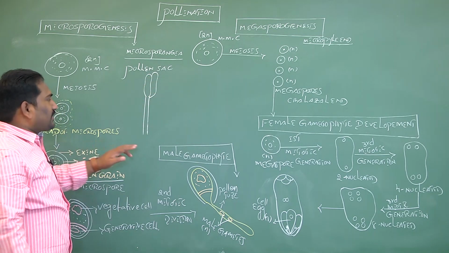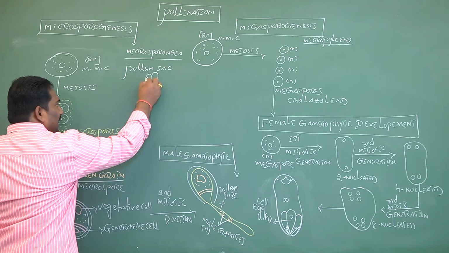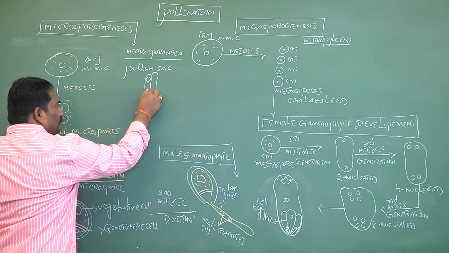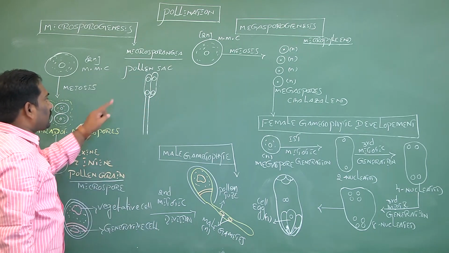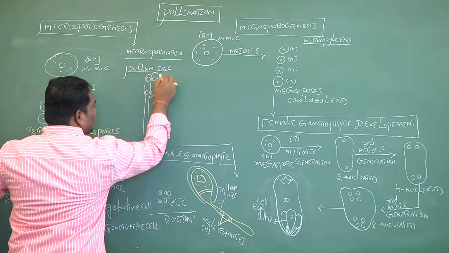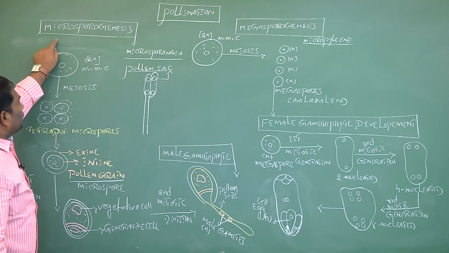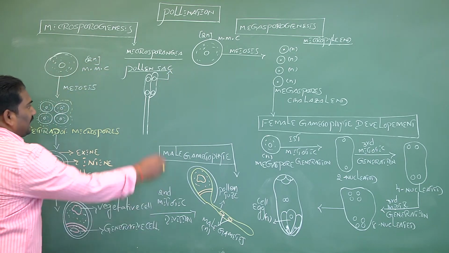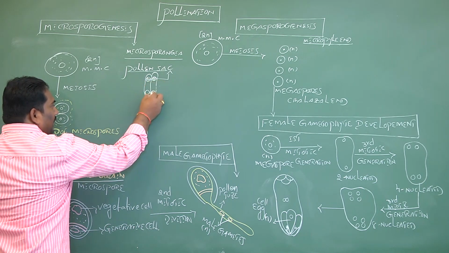Most anthers are bilobed and dithecous. Each theca has two spherical sac-like structures called pollen sacs or microsporangia. The process of microsporogenesis takes place inside the microsporangia or pollen sacs.